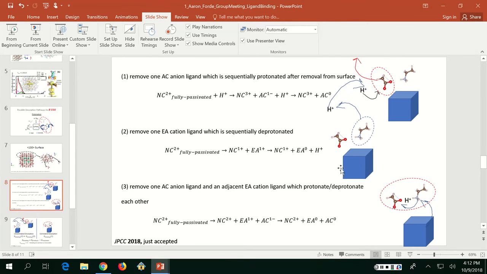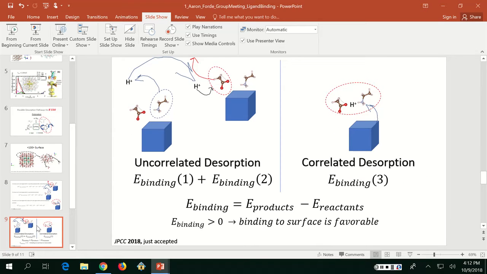And then the last one, I removed both the ligands simultaneously and did geometry optimization where they were close together, kind of simulating if they flocked together, what would the relaxation energy be if the acetate ion just took a proton from that ammonium group. And just to summarize how I'm viewing these calculations, the left side is calculations 1 and 2.